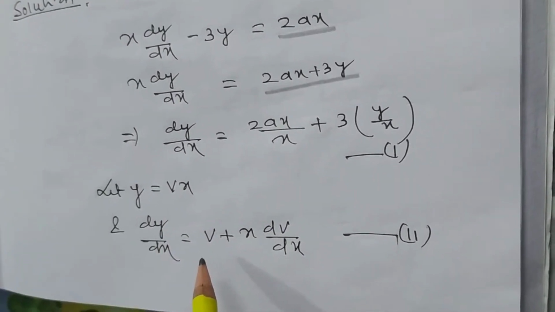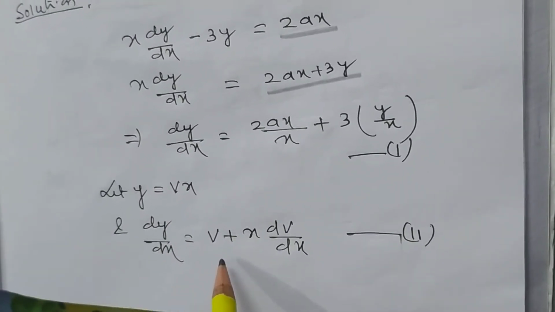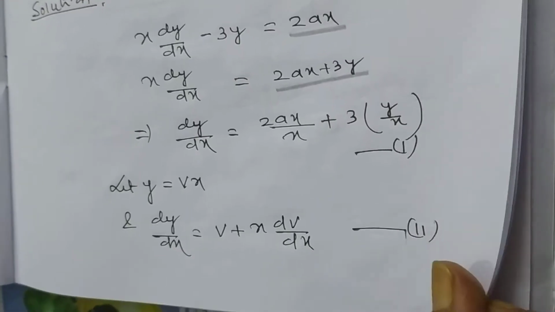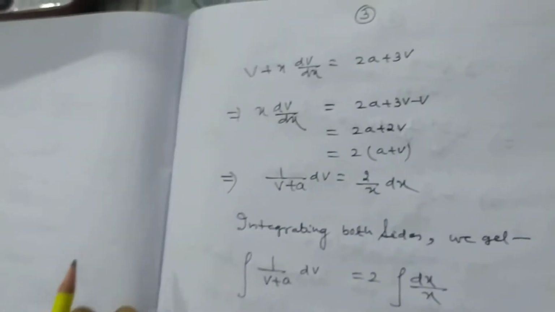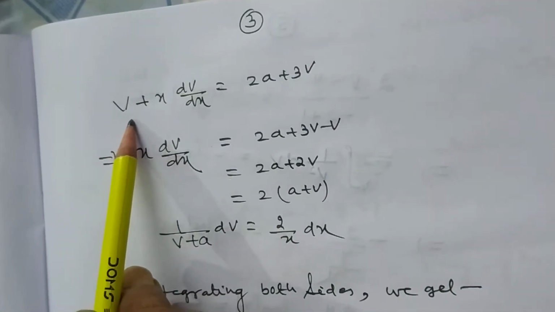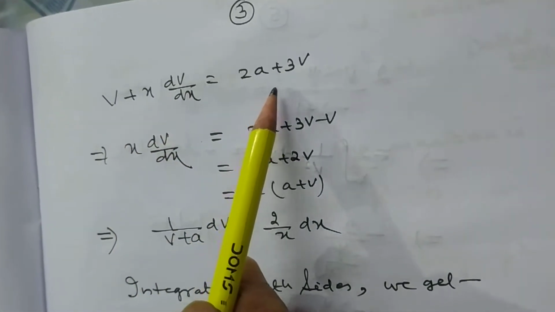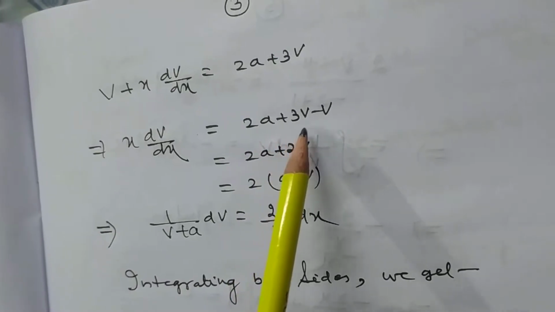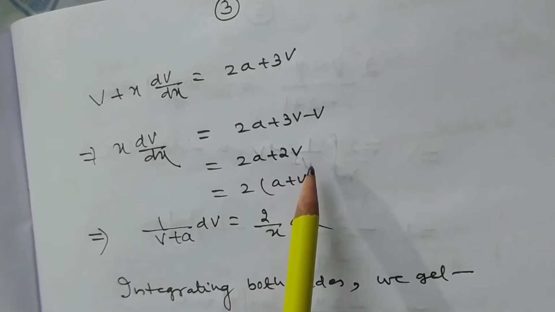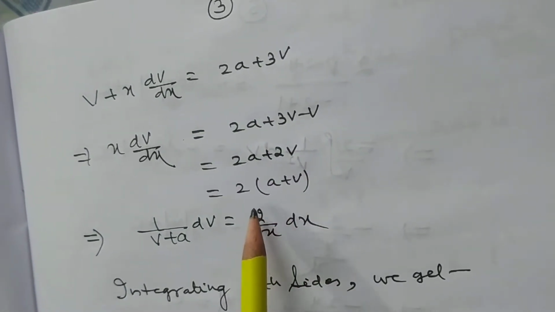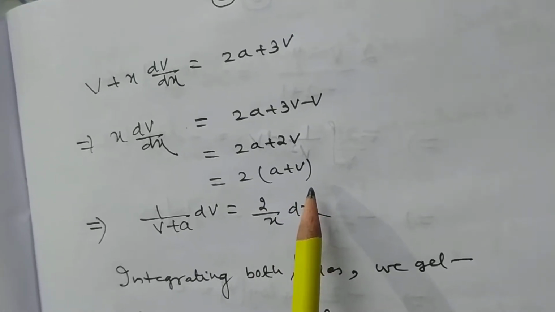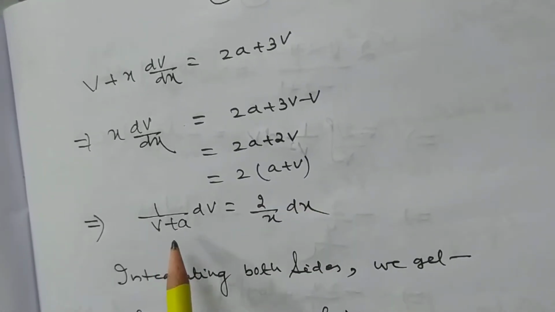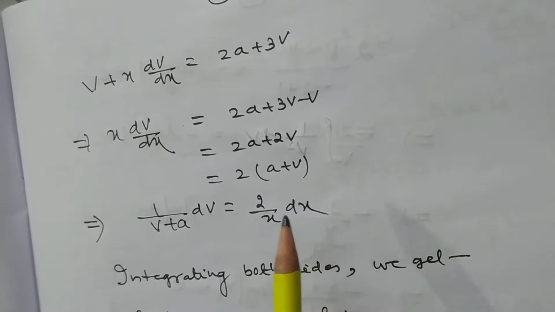Let y = vx, and dy/dx = v + x dv/dx. Now, v + x dv/dx = 2 + 3v, x dv/dx = 2 + 3v - v = 2 + 2v, and by taking 2 common, we have 2(1 + v), so 1/(v + 1) dv = 2/x dx.